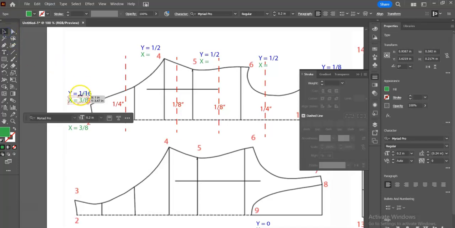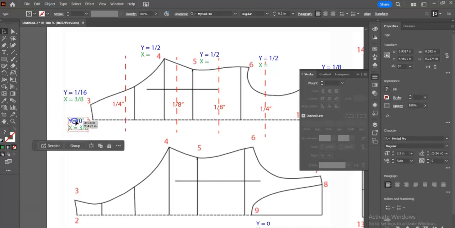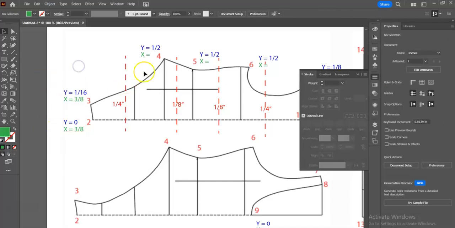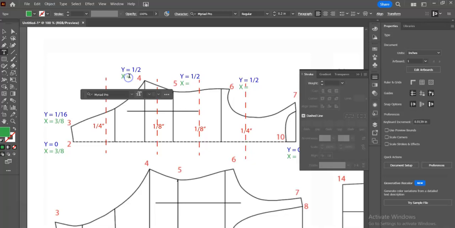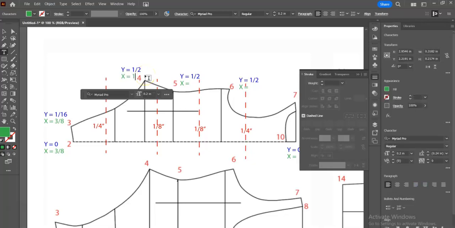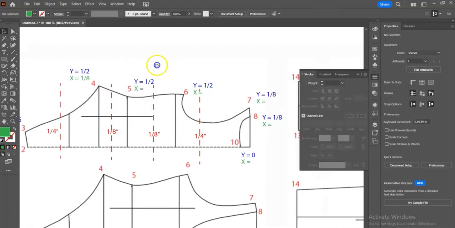Now keep in mind that the X's down here are going to be negative for the larger sizes because I'm in the negative X quadrant. For my 4 rule, I'm only going from waist to this position and I'm crossing one slash line, so this is going to be 1/8 of an inch. Same thing here. This value will be negative for the larger sizes.